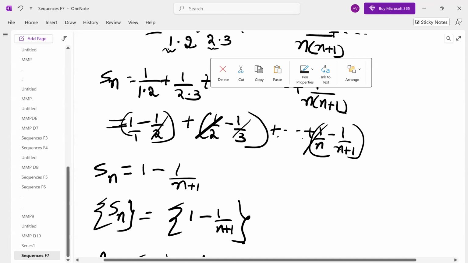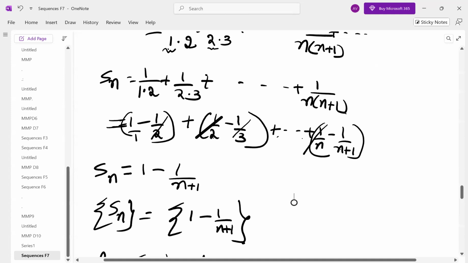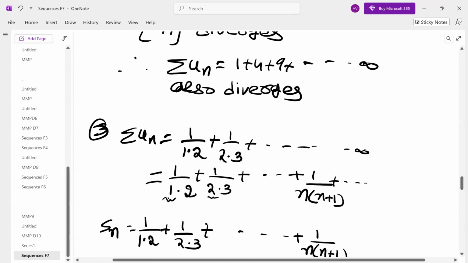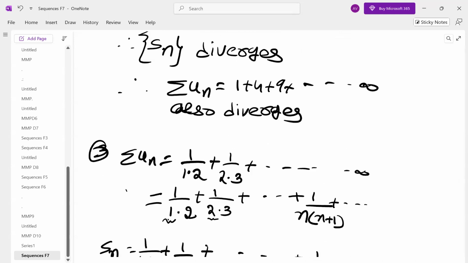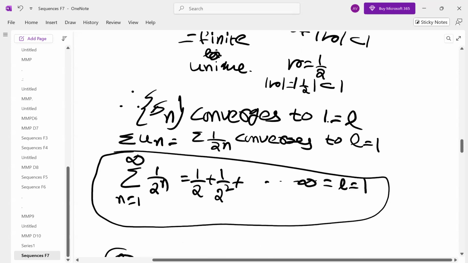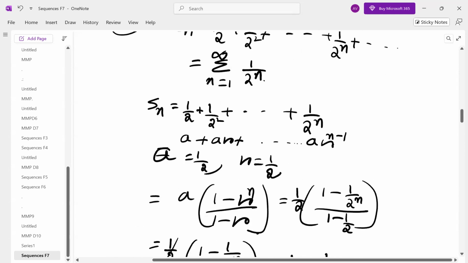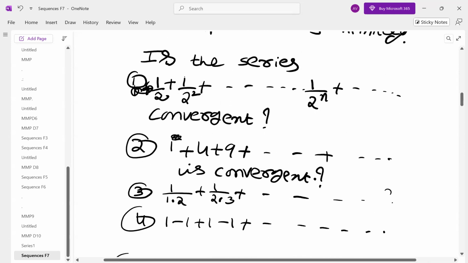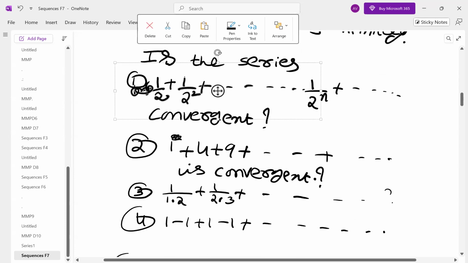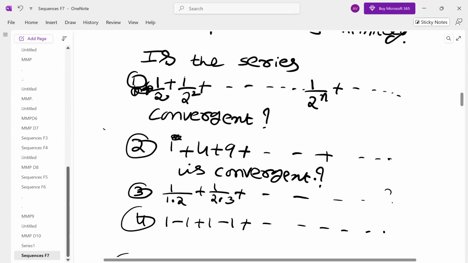Here we observe that all are positive. This is called a positive term series. Here also, all are positive, that is U1, U2, U3, Un. All these series are called positive term series.